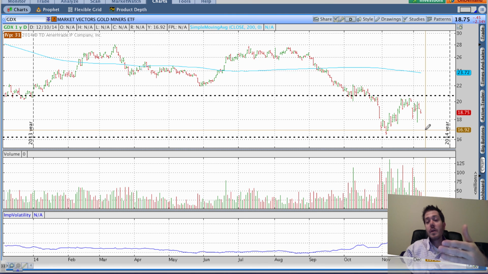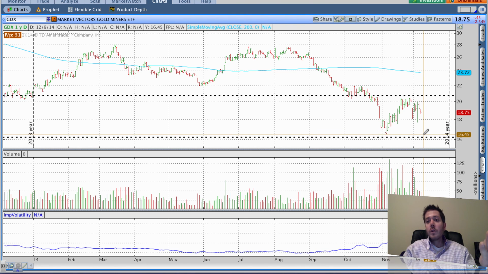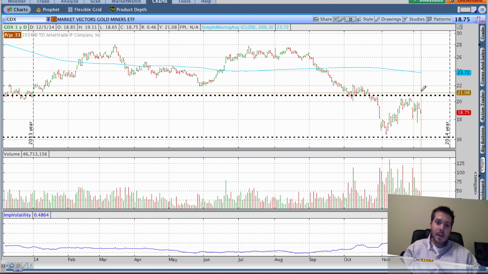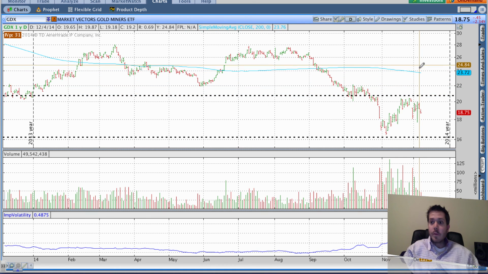I'm at least thinking to myself that I'm willing to risk a little more capital, that some buyers will come in if it does happen to retest this area. Versus on the upside, there's potential for it to easily get back up to maybe 24, 25, 26, who knows. So that would be a reason in this particular example that maybe I'd be willing to risk a little bit more on the downside.